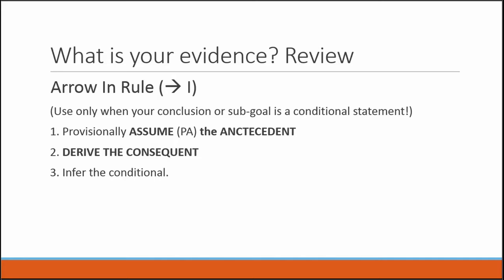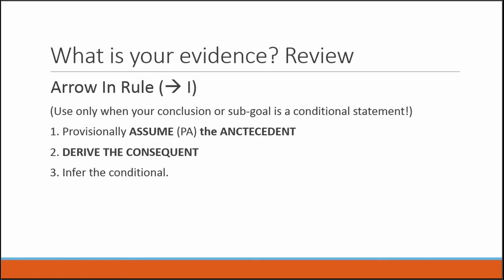Remember, the arrow in rule is a dependence elimination rule. It eliminates your dependence on the provisional assumption as long as the provisional assumption exactly matches the antecedent of the conditional that you infer using arrow in rule. Let me say that again.